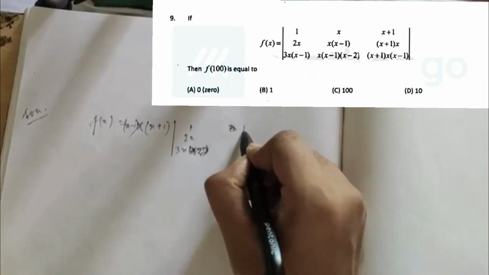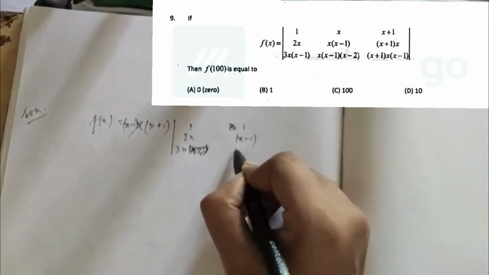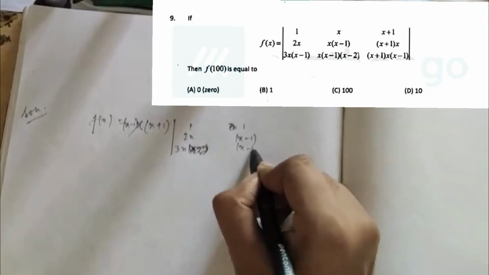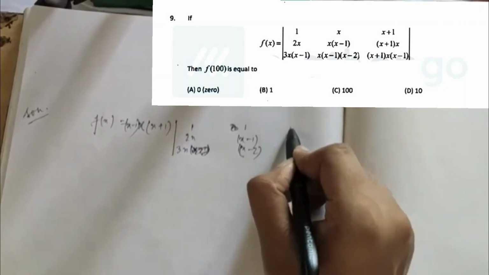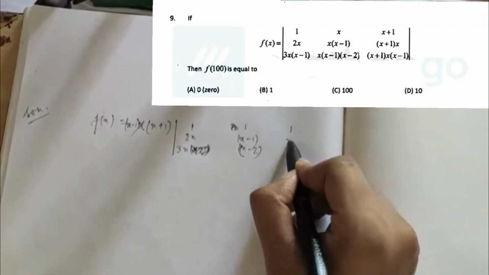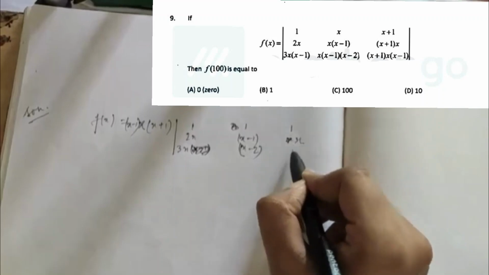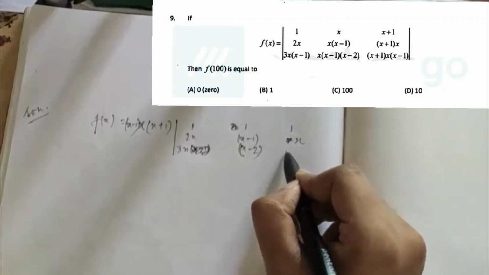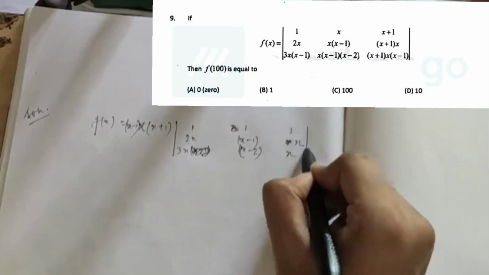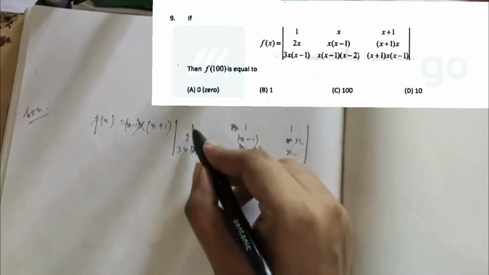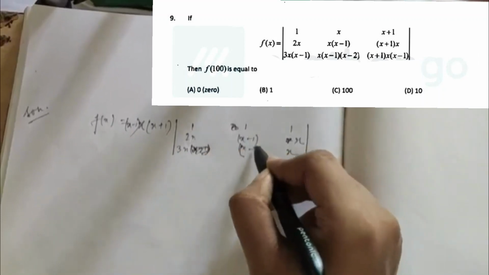So it will be 1, here it will be x minus 1, and here only x minus 2, and here it will be 1, only x, and here there will remain only x. So 1, x, x; 1, 2x, 3x; 1, x minus 1, x minus 2.